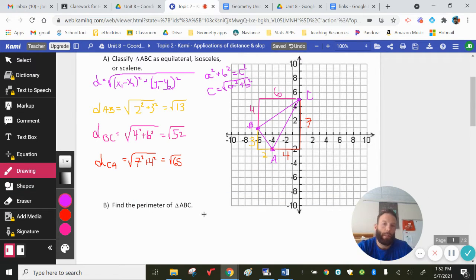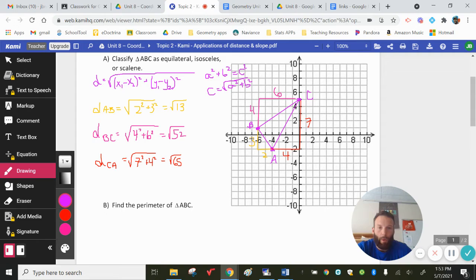Okay, so a lot just happened right there, but I tried to color code here, and you see I chose to use the Pythagorean theorem as an approach to find the length of each side of this triangle ABC. To use the Pythagorean theorem, I'm going to create the horizontal and vertical sides that connect points A and B together. So I connected the horizontal length 2 with the vertical length 3.